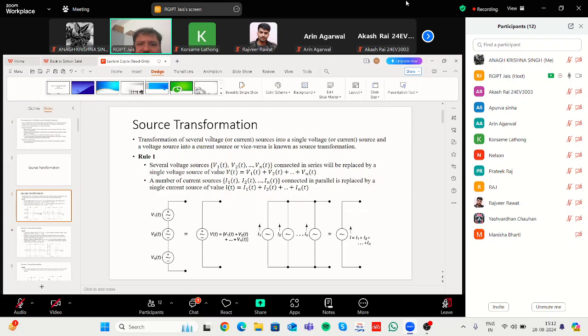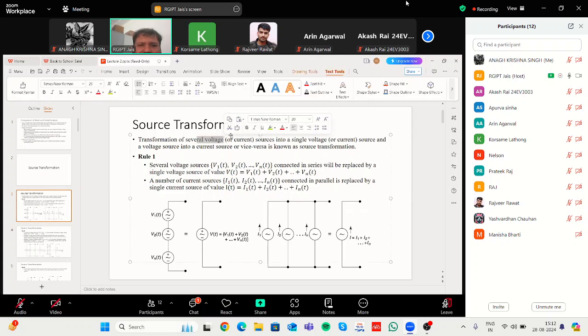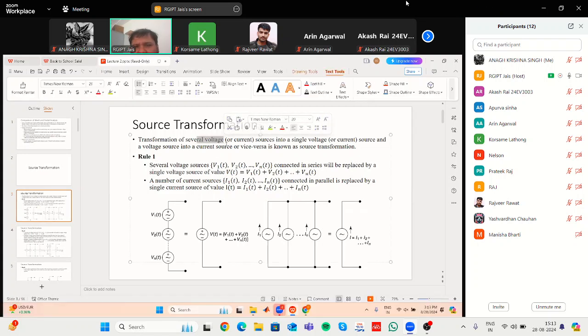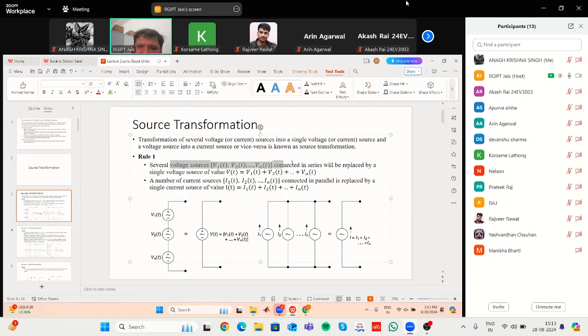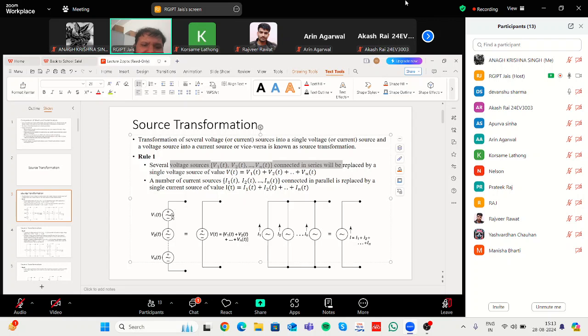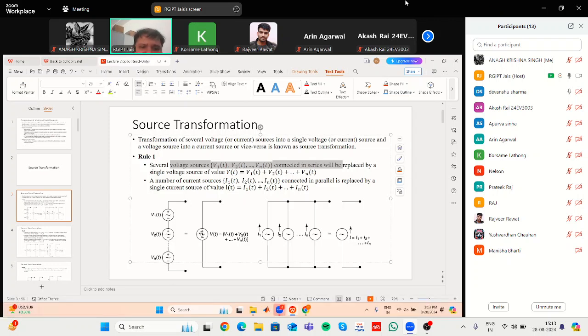Transformation means that several voltage sources or current sources you can represent using a single one. For example, rule 1: if there are several voltage sources connected in series, like V1, V2, V3, V4 till Vn, let us say, with plus and minus signs, they can be equivalently represented as a single source.